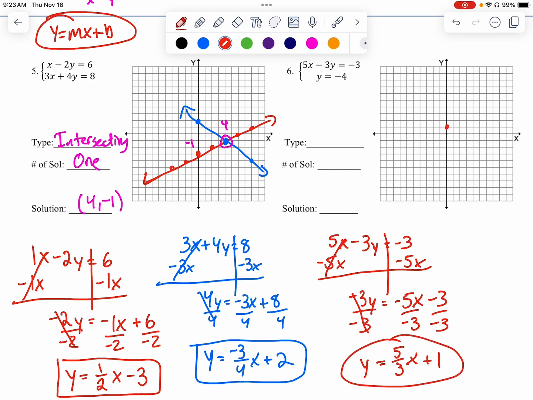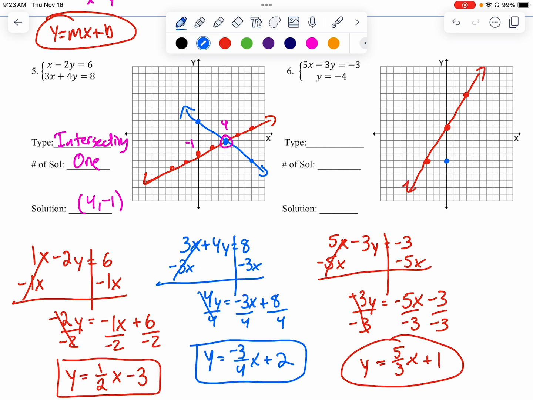So the graph, we'd go to +1, and then up 5, 1, 2, 3, 4, 5, over 3, or down 5, 1, 2, 3, 4, 5. Hopefully that's enough points. Then our second line is y equals -4.